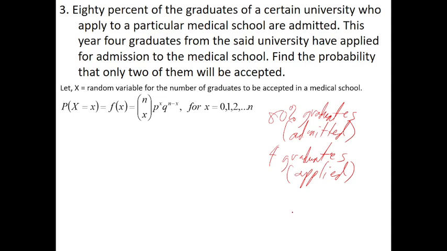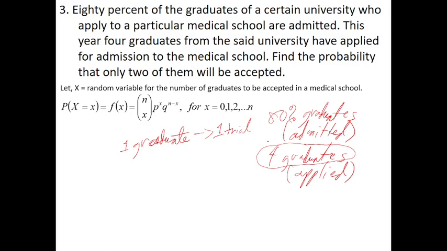So, tingnan muna natin whether binomial distribution. Let's say 1 graduate. Kasi kumbaga, ang experiment, meron kang 4 trials, by the way. Yung 4 graduates, ibig sabihin yan, 4 trials. Pag isang graduate, ibig sabihin yan, 1 trial. Okay?